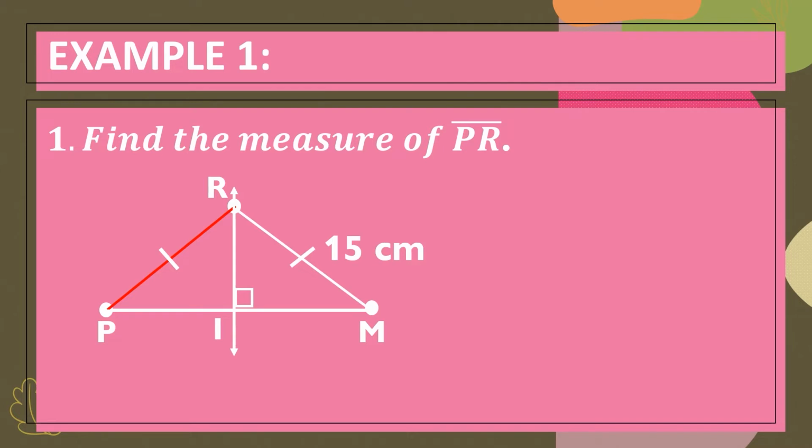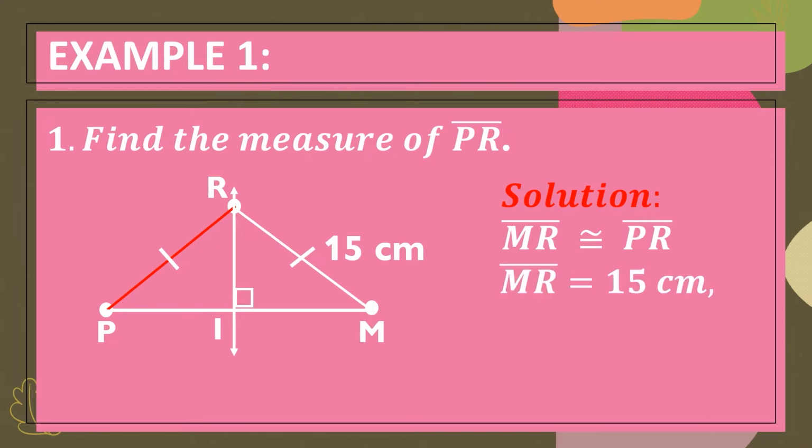Let's have these examples. Number 1. Find the measure of segment PR. For the solution, segment MR is congruent to segment PR and segment MR measures 15 cm. Therefore, segment PR is also equal to 15 cm.